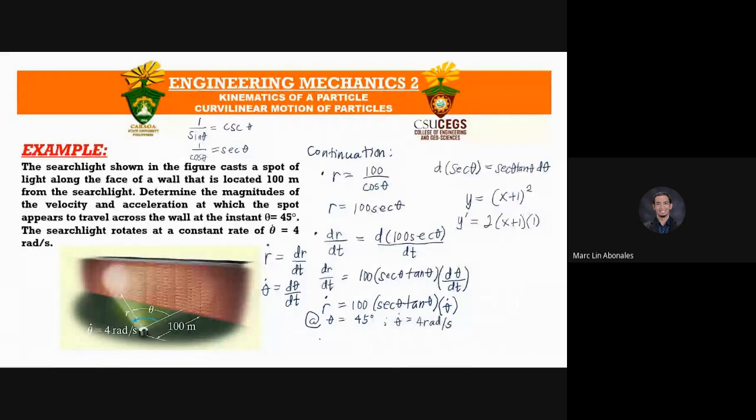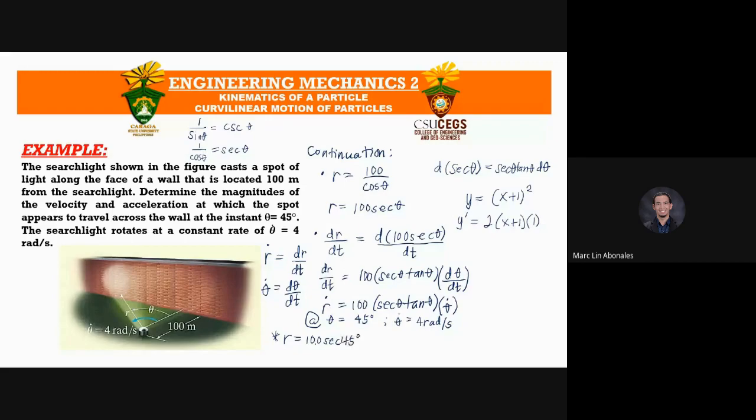So we just only substitute here sa tong r and r dot. So sa r nato, that is 100 second 45 degrees.